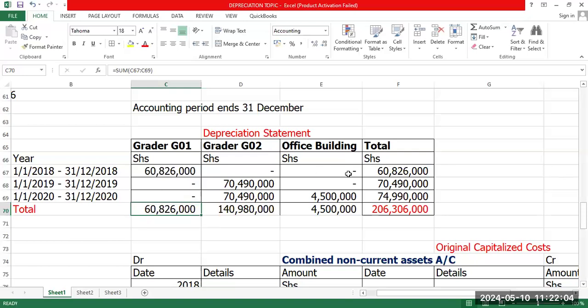Is it clear? You see, when you're copying values here, these values are not specifically corresponding to assets. They are just corresponding to years. This is just a row for years. And this column is just helping you to know which figure you can put on accumulated depreciation on the credit side.